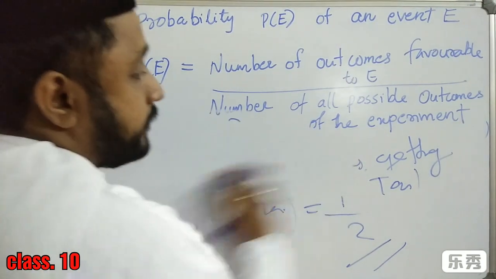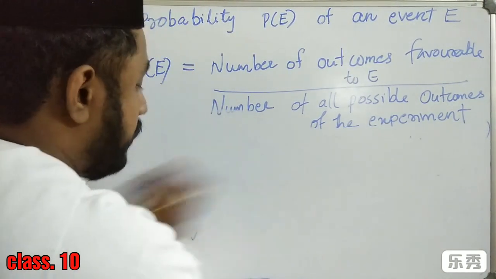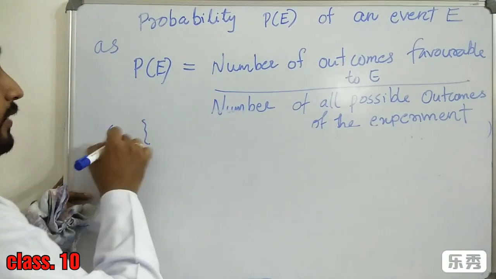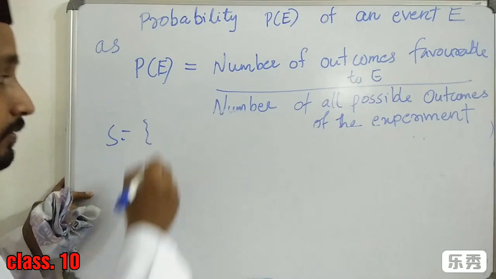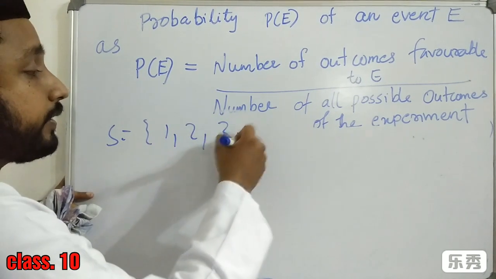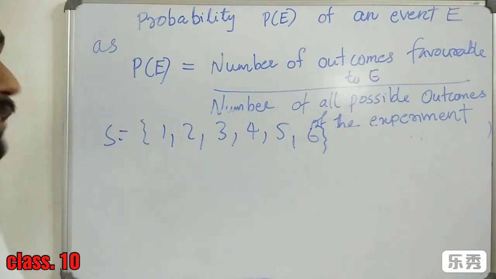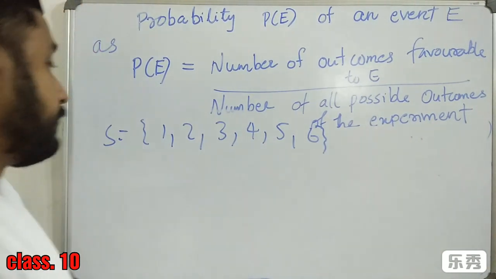Now let us consider another example. Throwing a die. What are the outcomes? S is equal to throwing a die. Outcomes are 1, 2, 3, 4, 5, 6. These are the 6 outcomes of the experiment.